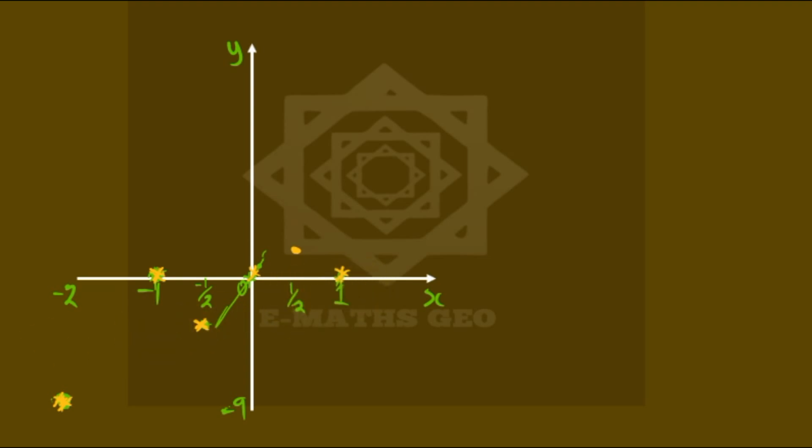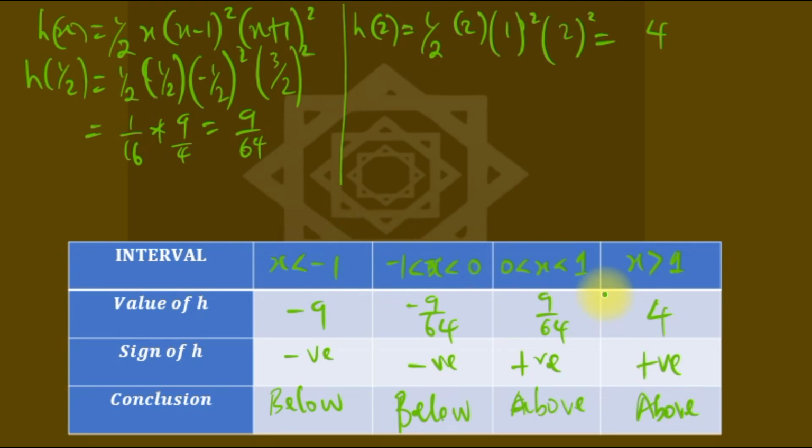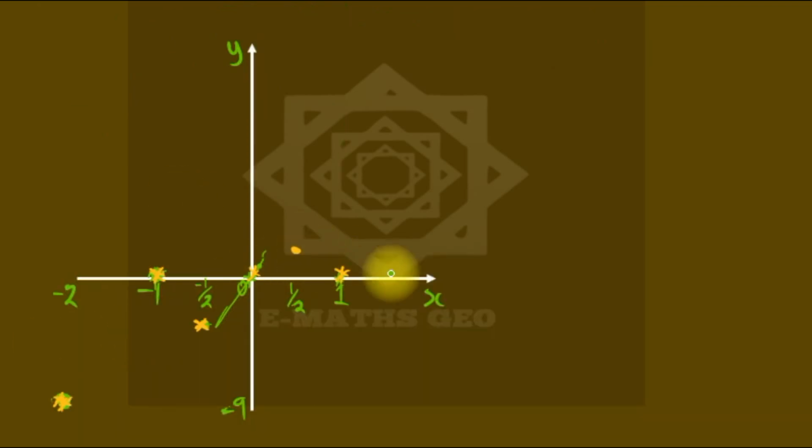Finally, for numbers greater than 1, I got 4 above the axis, and I chose x equal to 2. So if here is 2, remember this one gave us minus 9, so 4 will be smaller.